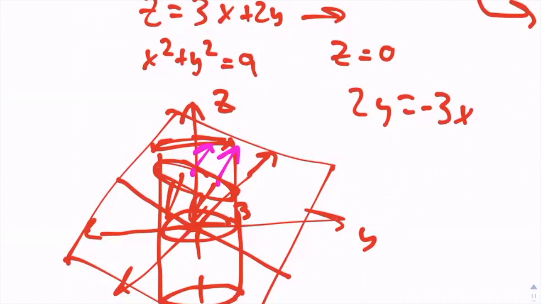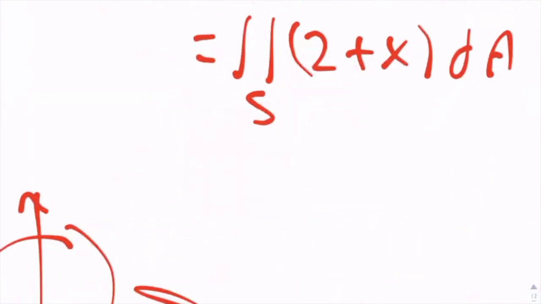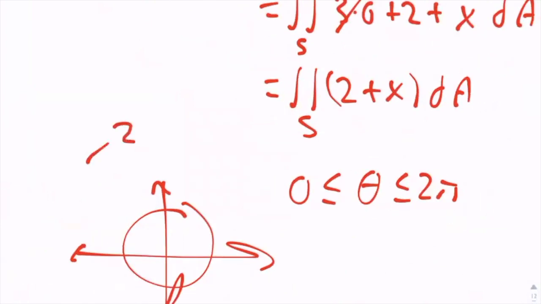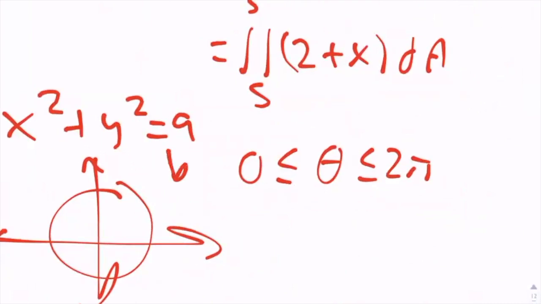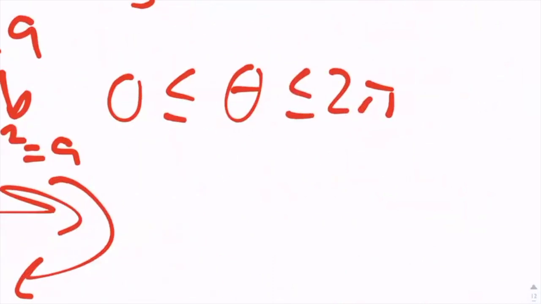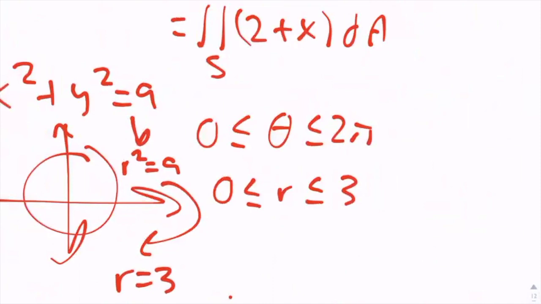And because of that, we can say theta goes from 0 to 2 pi, and as defined by x squared plus y squared equals 9, r squared is equal to 9, r is equal to 3, we can say that r goes from 0 to 3.